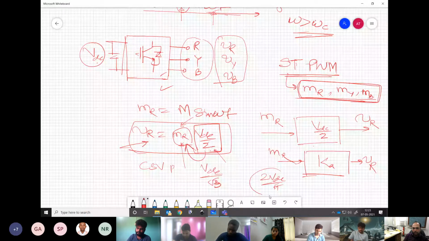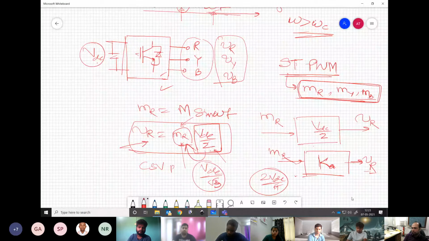So these are different values depending on which PWM you are using. But in general, our converter is nothing but a gain in terms of our control system. We have the modulating signal input and the voltage output coming out of that.